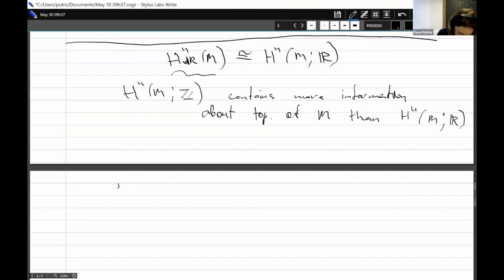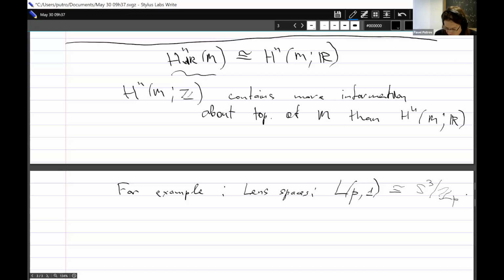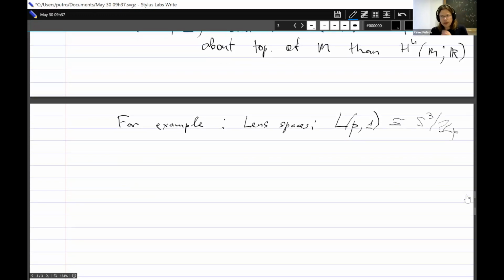So, for example, we can consider three-dimensional topological spaces, which are known as lens spaces, usually denoted by L(p,1). They are defined as quotients of S^3 by the cyclic group Z_p, where p is some integer.